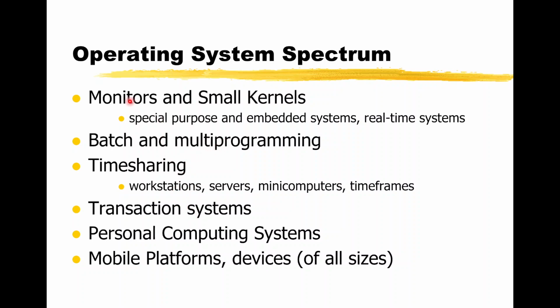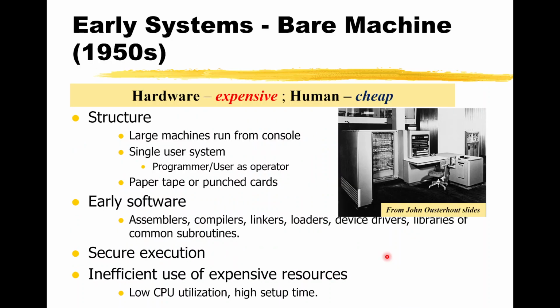It moved from just having a small kernel to having a very large kernel, massive operating systems at the personal computing level, and mobile devices where we have powerful phones and other devices being used with operating systems.